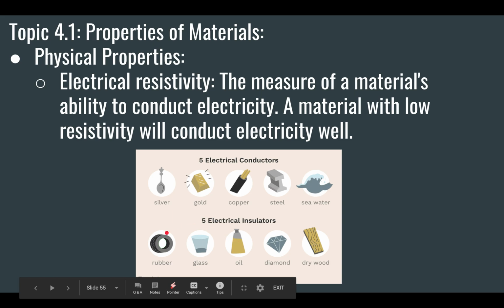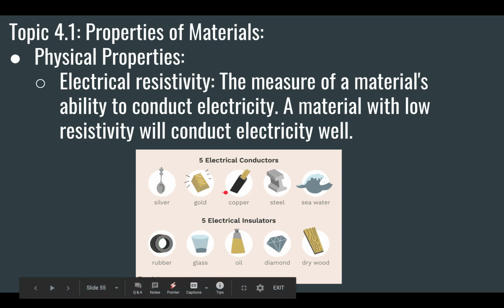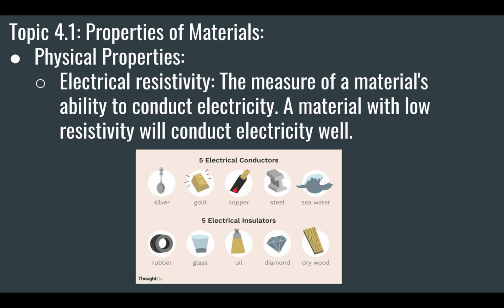This is also why you find, for instance, rubber or plastic around an electrical cable, so that the electricity can flow through the metals inside. It's usually copper inside a cable. So, for instance, this black part right here is going to have high resistivity, and this is going to have low resistivity. That allows you to touch it without electrocuting yourself.